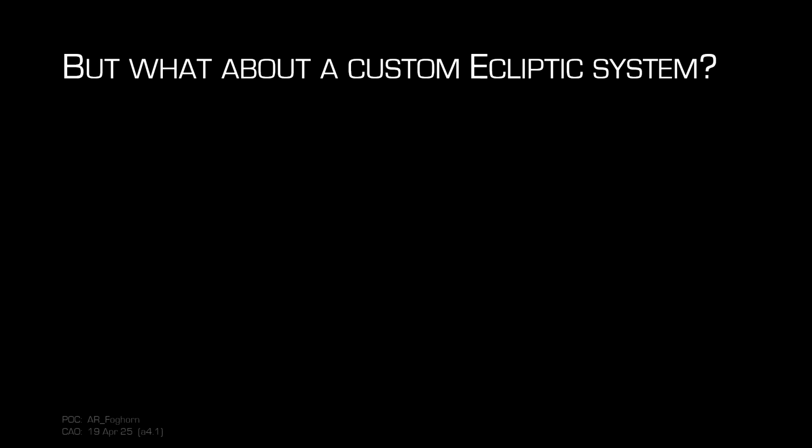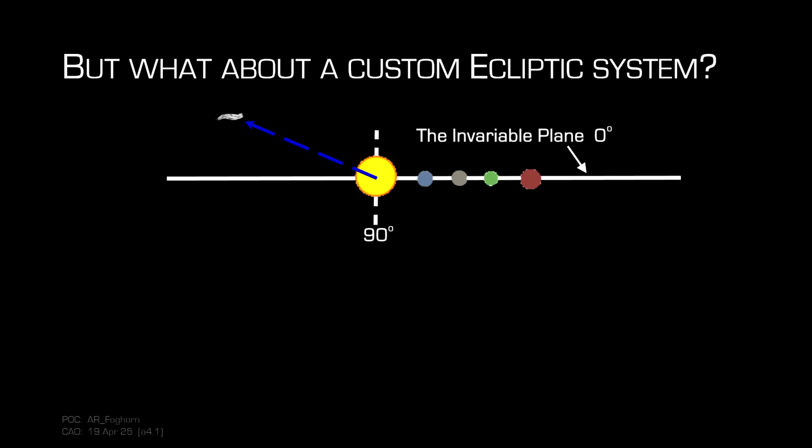So my suggestion for Star Citizen was always, hey, if I was CR for a day, or if I could get him cornered in an elevator at some point to talk to him about this kind of stuff, my suggestion would be to make a custom ecliptic system for coordinates in Star Citizen.